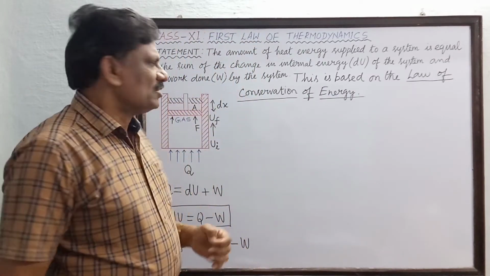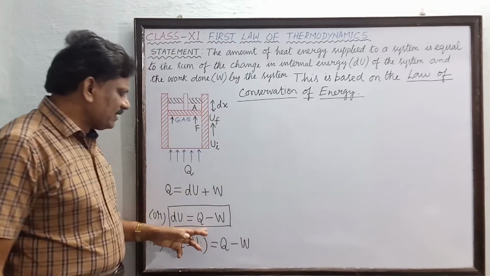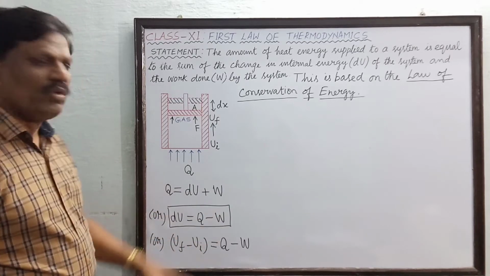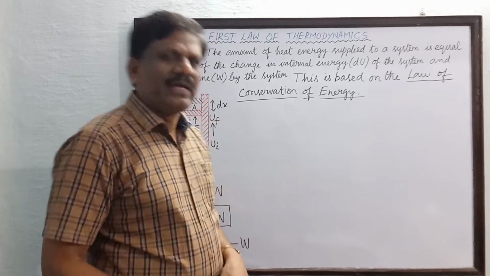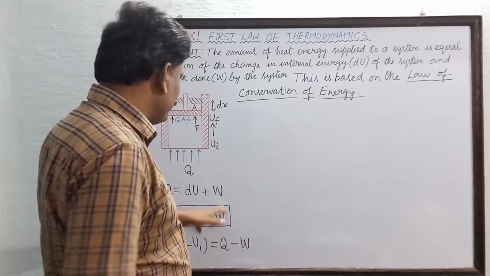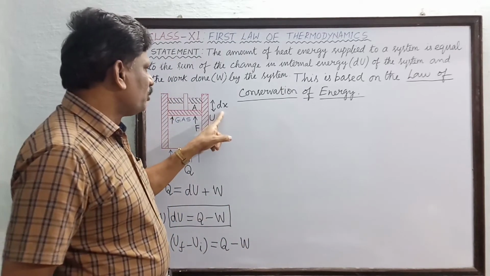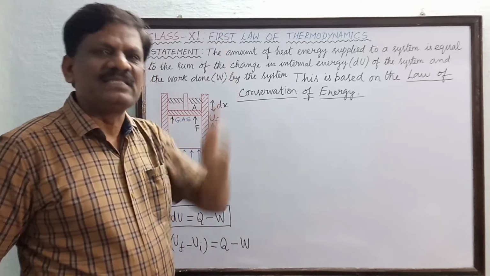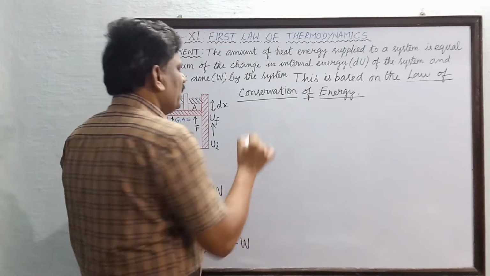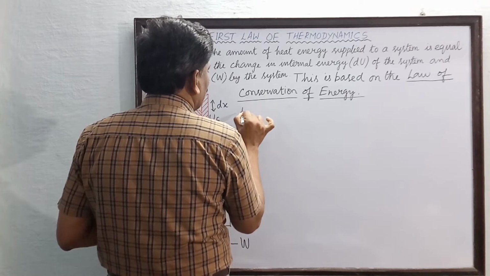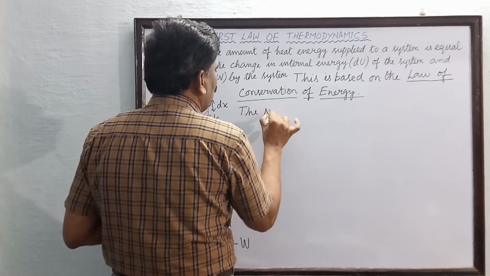Understand? So now, the mathematical statement I have written is dU is equal to Q minus W. What is W here? Work done by the system. What work is it doing? It is pushing the piston upwards through a distance dx. So let us say the small work done.